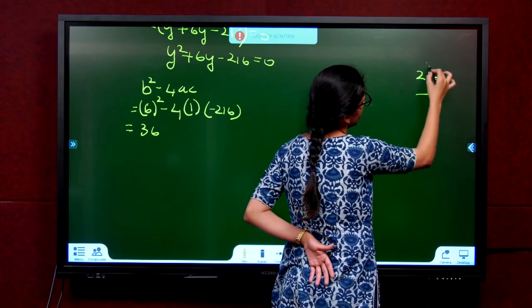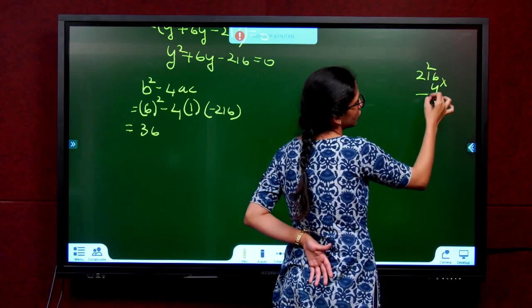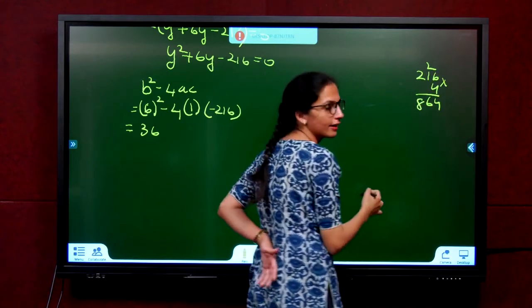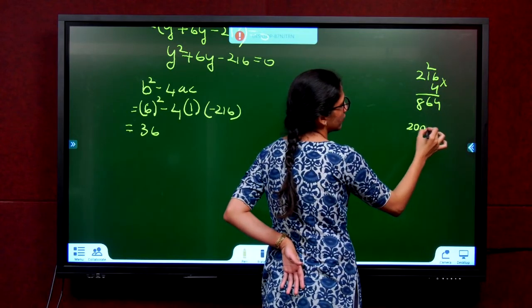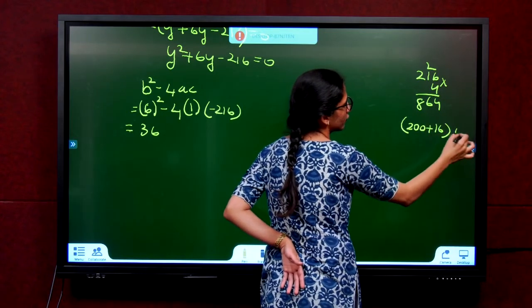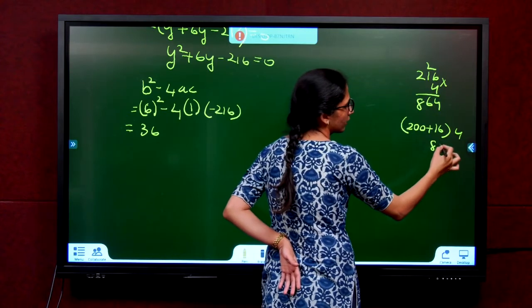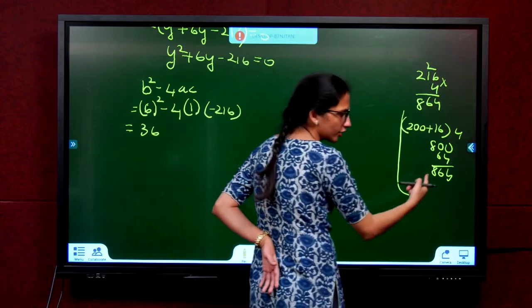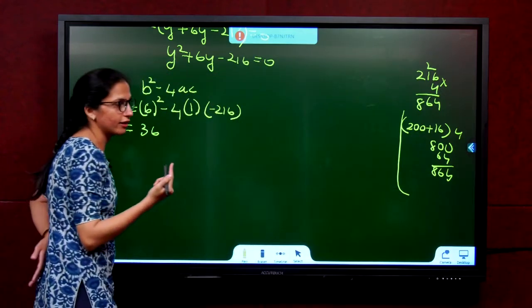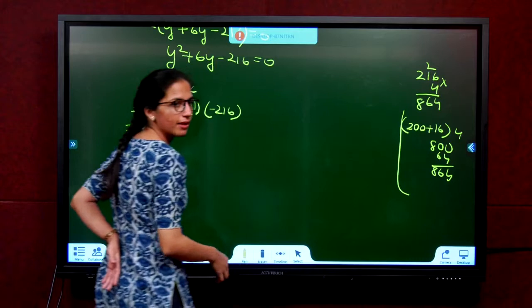The other method was to write 216 as 200 plus 16, into 4. 200 into 4, 800. 16 into 4, 64. Add: 864. This is a shorter technique if you can do it in your mind. If you cannot, go for the normal method.